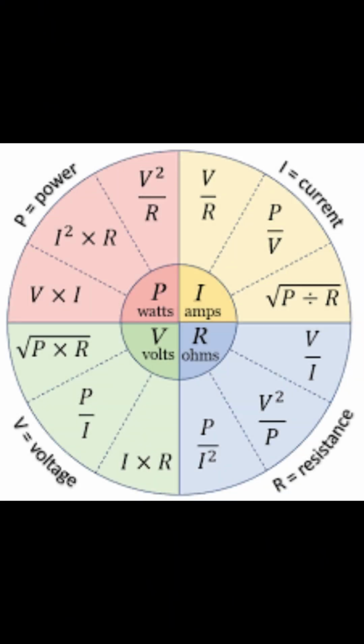And also we're going to talk about the Coulomb, the amp, the electron theory, the conventional current theory, the speed of current, the basic electrical circuits, the volt, the ohm, the watts, metric units, and Ohm's Law in general.